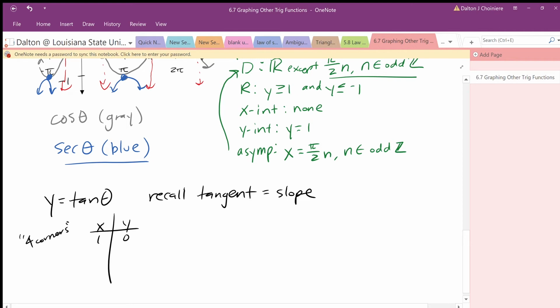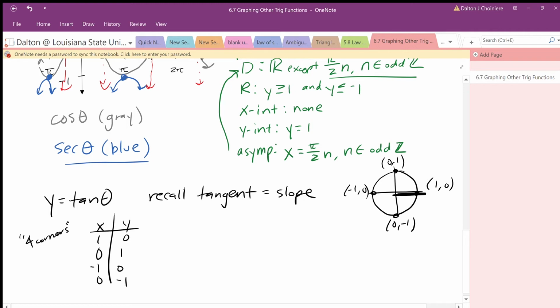If you are lost as to where I'm getting this from, we have our unit circle, and I want these four coordinate points. So this is (1, 0), (0, 1), (-1, 0), (0, -1). If I start here in standard position, that coordinate is (1, 0). If I rotate counterclockwise, my next coordinate is (0, 1), then (-1, 0), then (0, -1).